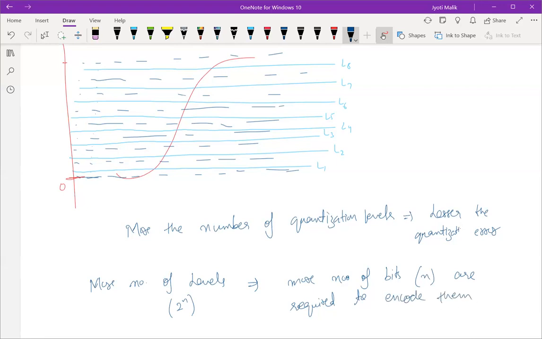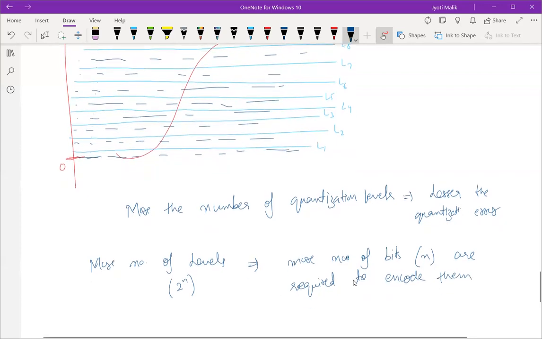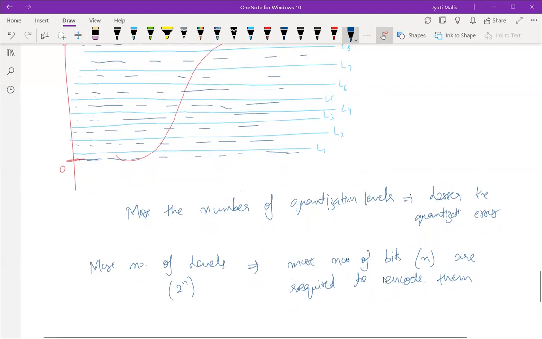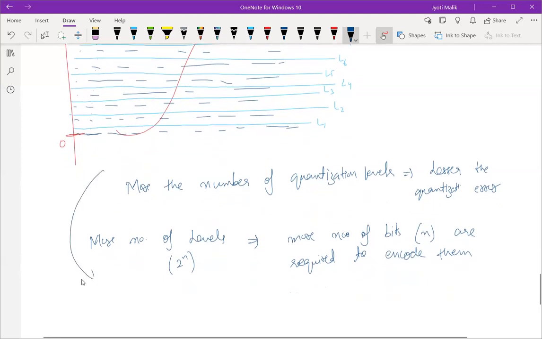And you can see if the number of bits is increased, that means you will need more storage and more capacity to transmit them. So basically, we need to make a trade-off between them. Means we need to make a compromise.